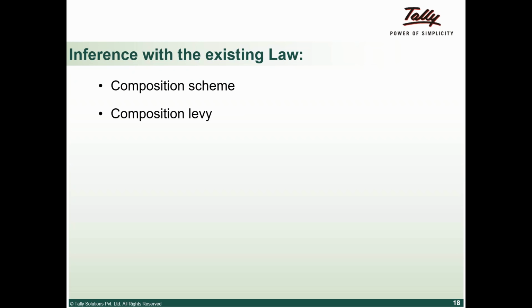Currently the composition levy is somewhere between 1 to 2%, and the current draft law does not specify the rate of composition levy, but it says that it cannot be less than 1% of the total turnover of the composition dealer for the given month or period, right? Since it's a quarterly return, it is generally going to be for every quarter. But there is no specific rate that has been specified yet.